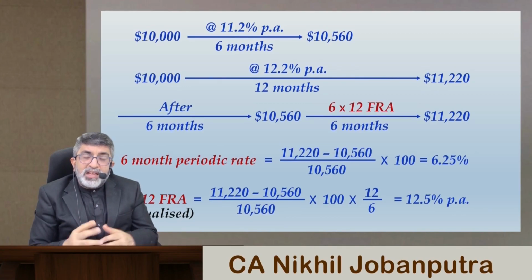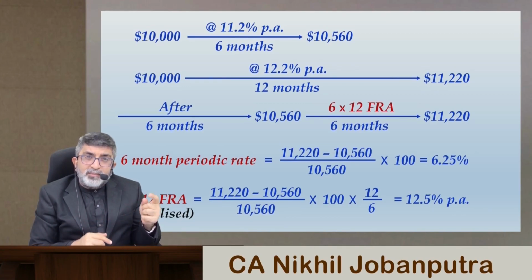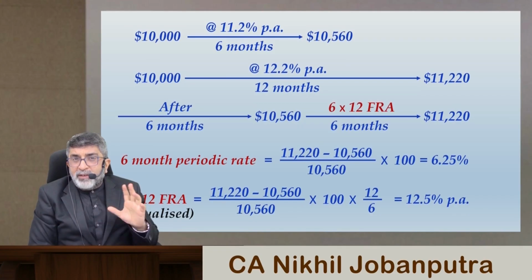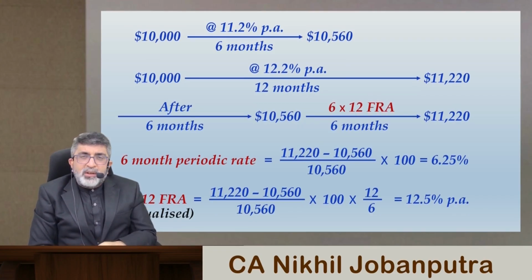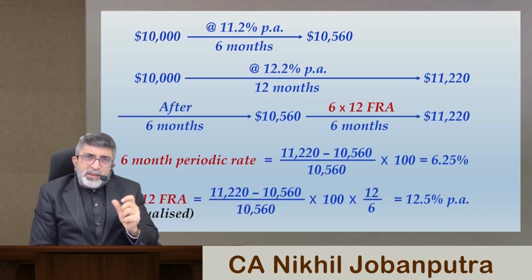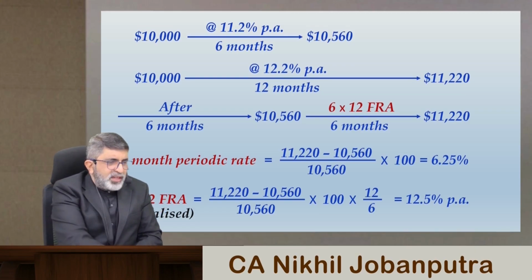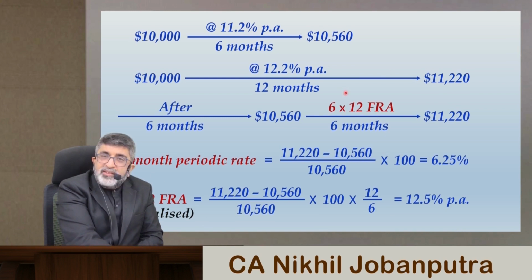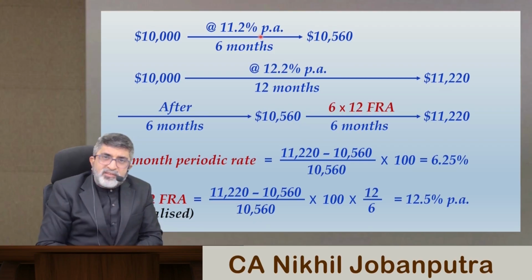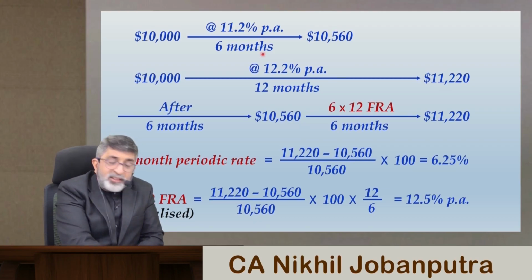In fact, recall what we have learnt in the earlier part of FRA when we dealt with long-term FRA. You remember we dealt with a forward rate model and I explained to you, always take the bigger factor divided by the smaller factor. So over here, look at this. 11.2% was annualized rate, but applicable for 6 months.